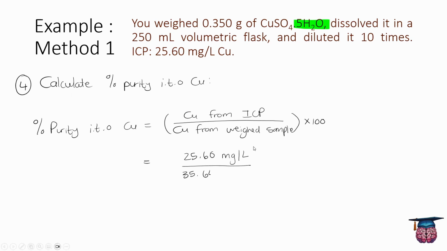So our copper from our ICP, we get from the question, that was 25.60 milligrams per liter. The copper from the weighed sample we get from the previous step, so that was 35.64 milligrams per liter, multiplied by 100, and we see that this substance is 71.83% pure in terms of copper.